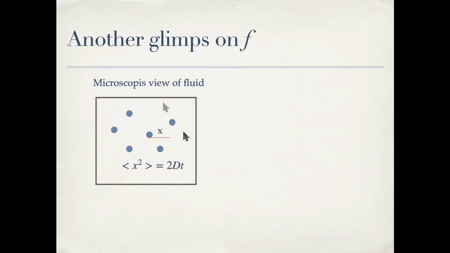We have the liquid, and the liquid contains particles. It's built up from very small particles, and those small particles move at random. They move with different velocities in different directions, and they occasionally collide with each other.